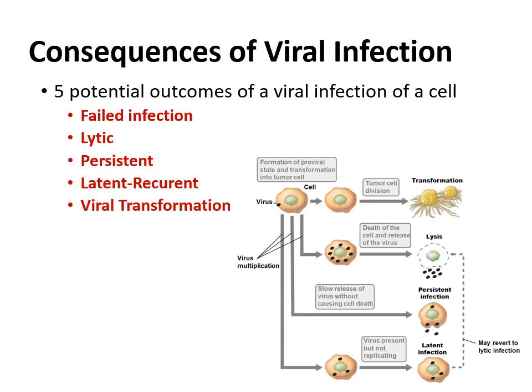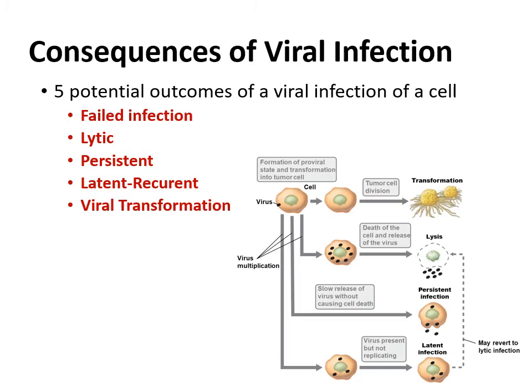The infection can also be persistent. What persistent means is you have replication and release of the viruses, but without the cell dying. In lysis, the host cell dies. In a persistent infection, the viruses are budding out of the host cell, but they are not lysing that host cell. So the infection can persist in that cell.